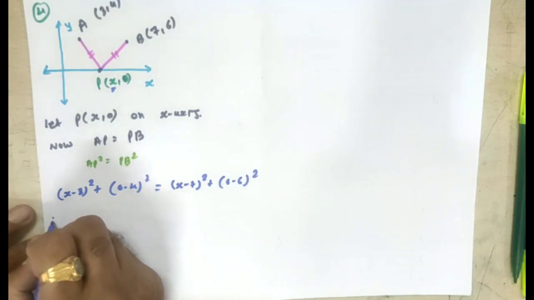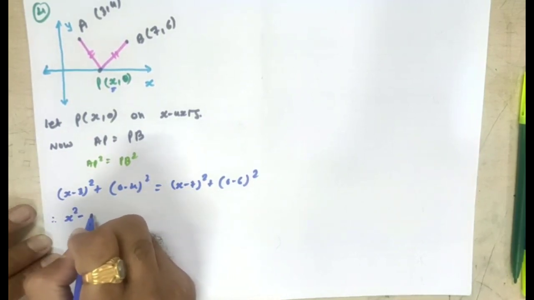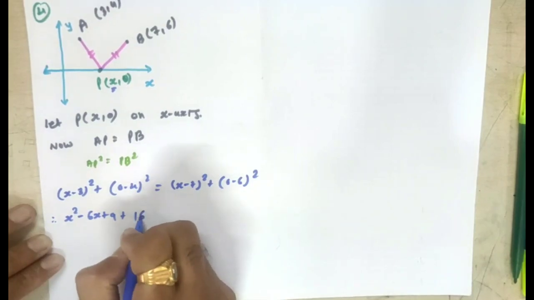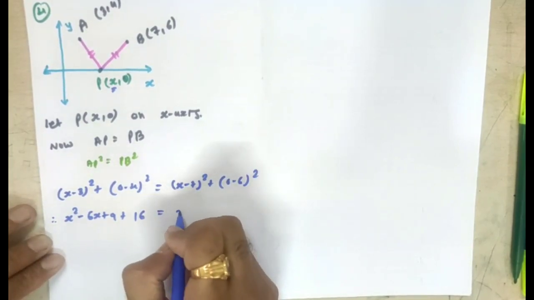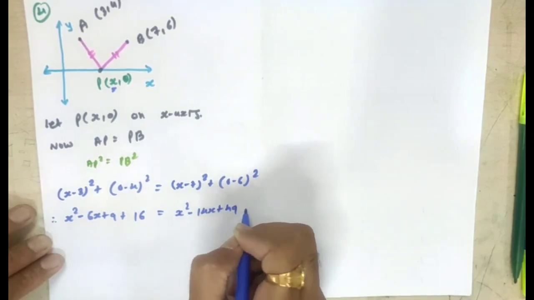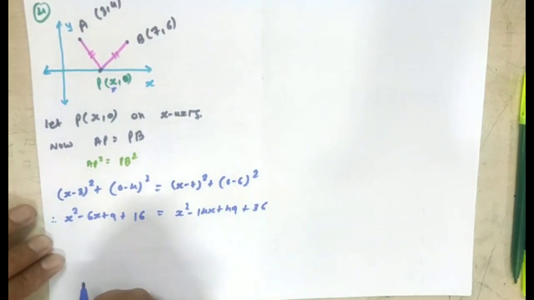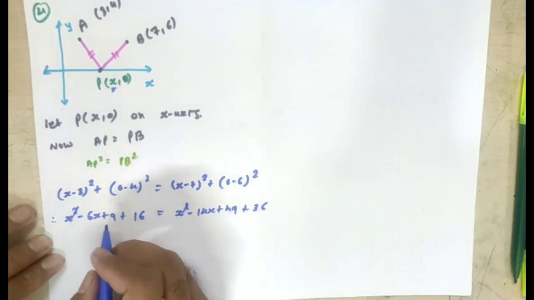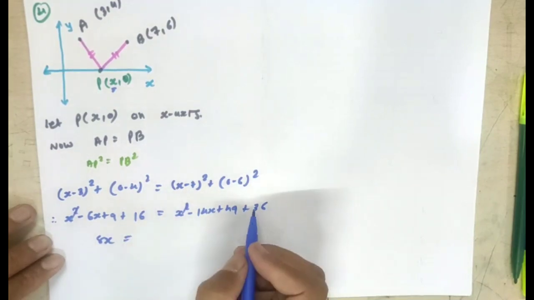This will be x square minus 6x plus 9 plus 16. This will be equal to x square minus 14x plus 49 plus 36. x square cuts, 14x minus 6x, 8x equal to 25.